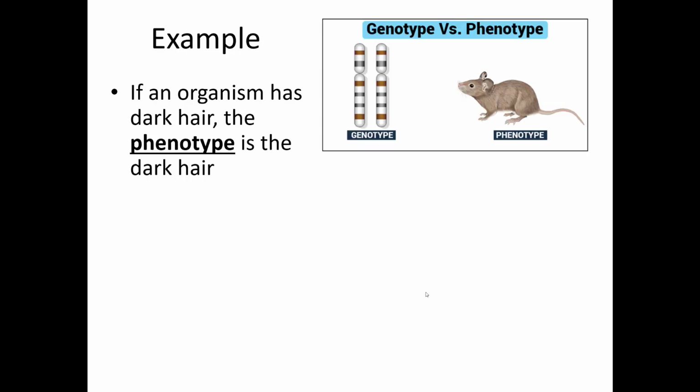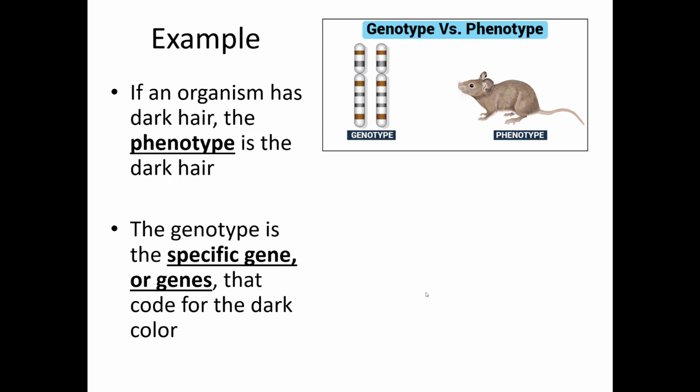Going a little bit further, these are some easy examples, like I mentioned freckles earlier. If an organism has dark hair, the phenotype is what we would consider that dark hair. That's a characteristic that we can see, and we can describe dark hair in reference to the phenotype. Now, if we get down to the genetic level, we will find that there is usually at least one, and could be more than one, gene that actually codes for that dark hair.